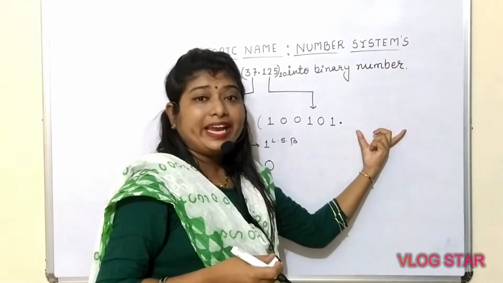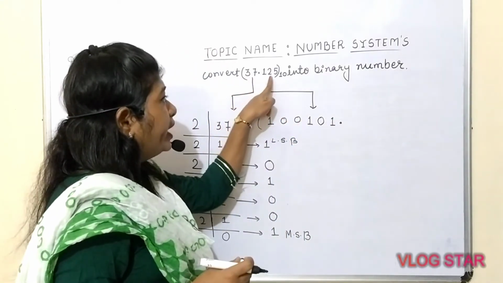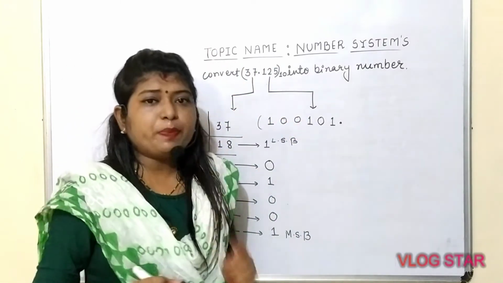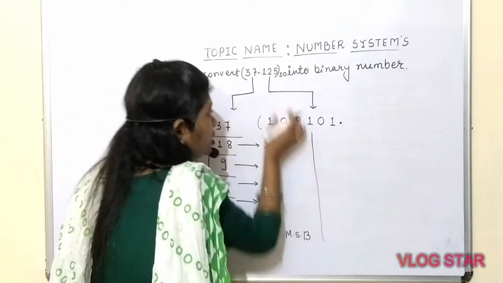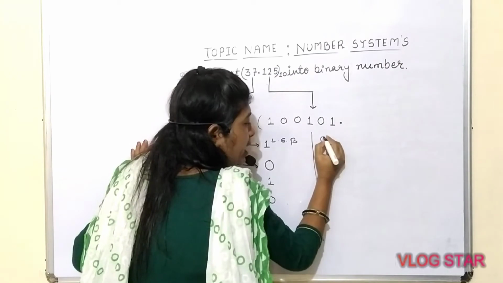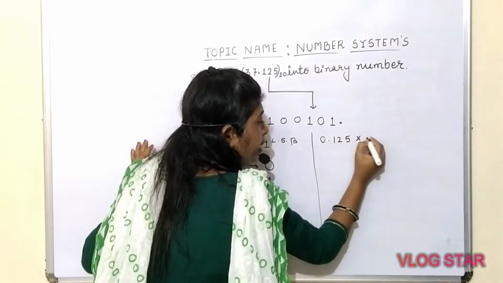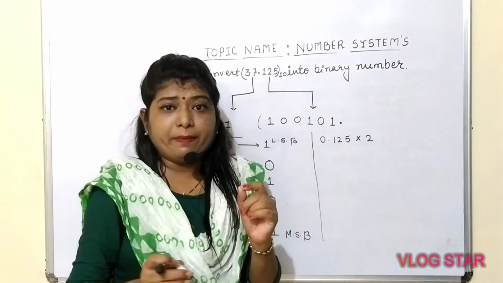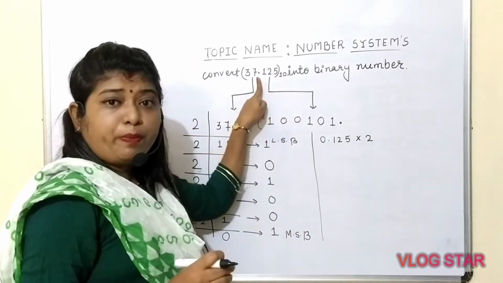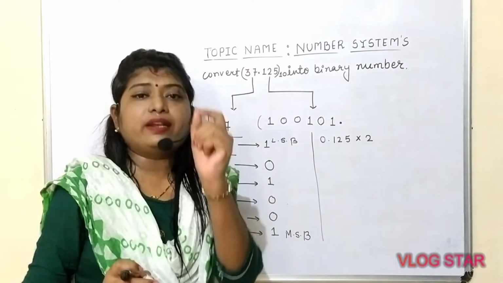Now I need to find out the binary conversion for 0.125. So please pay attention over here how you are going to find out the binary conversion for this. So first we have to take 0.125 into 2. So the one important thing that you need to remember, if it is decimal point, before decimal point you have to divide that number.